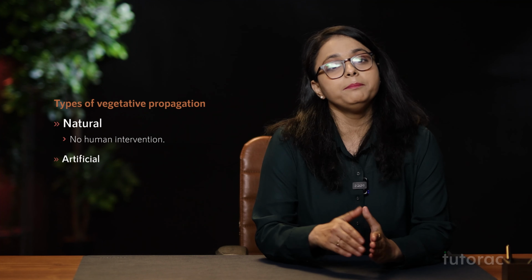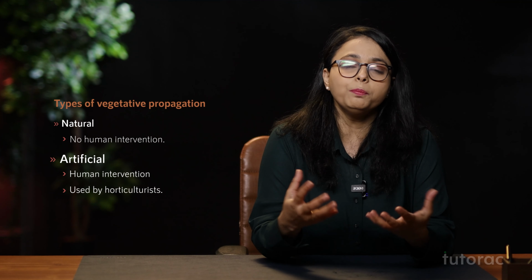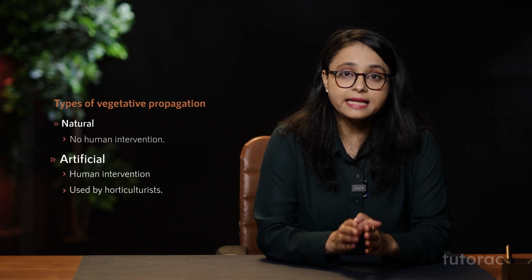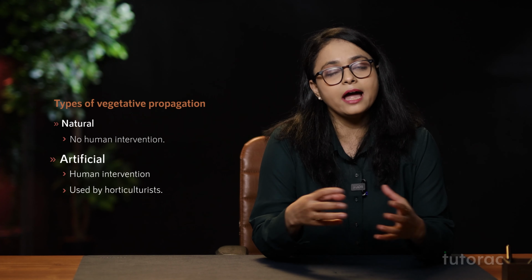For example, a plant part is cut naturally or detached from the body and develops into a new plant. Whereas in artificial vegetative propagation, human intervention is involved. It is used by horticulturists to develop new plants, and this helps them to maintain the desired variety of some plants and to use them commercially.